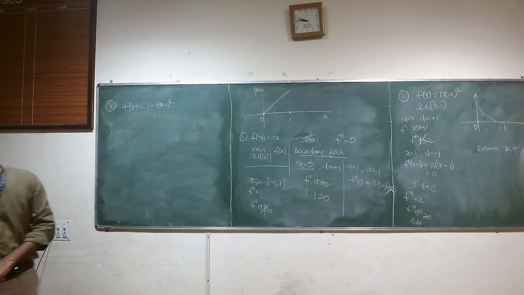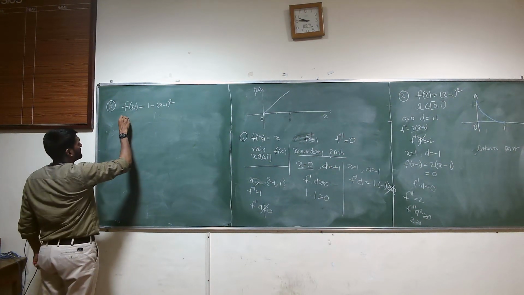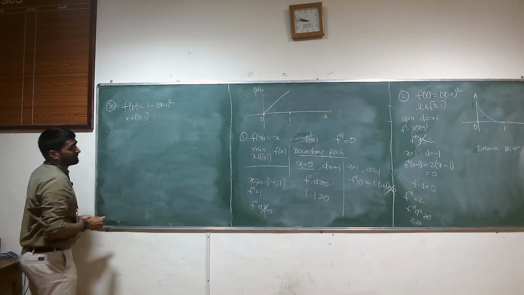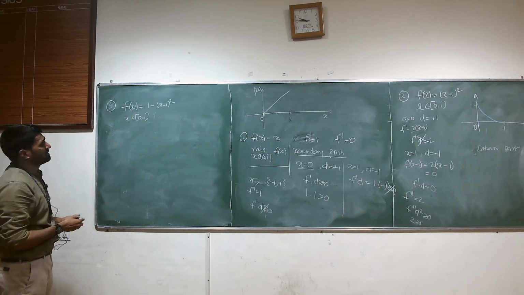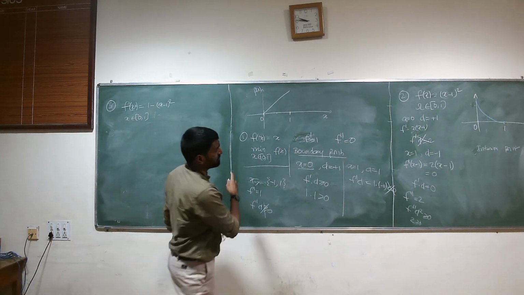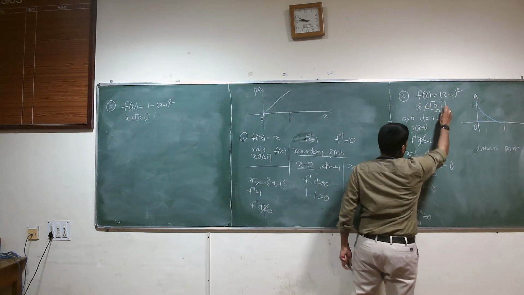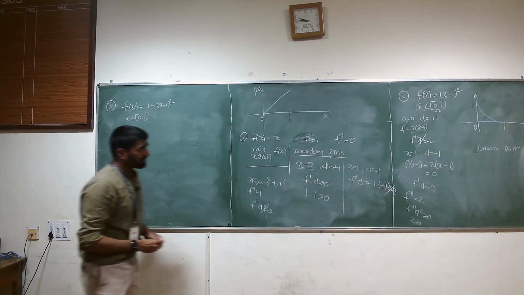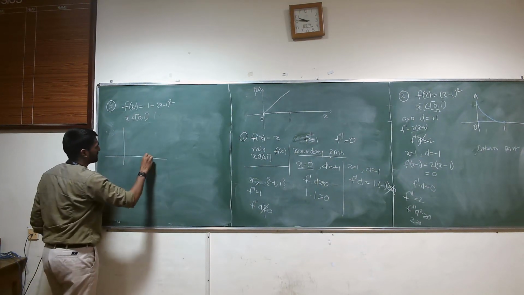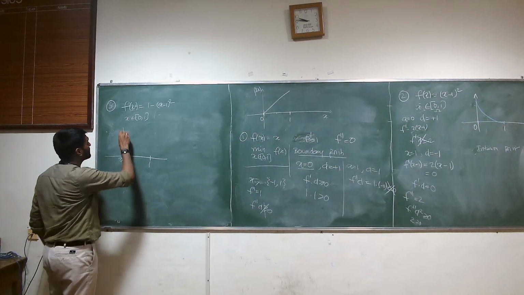This one. Again, x belongs to omega. What does this look like?